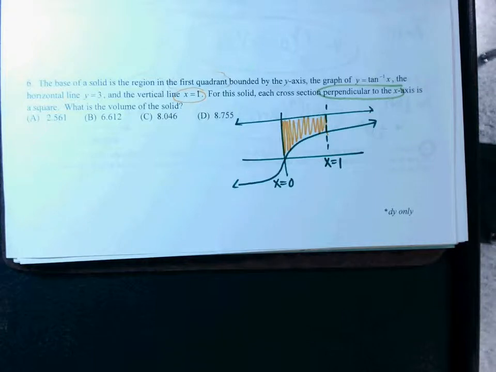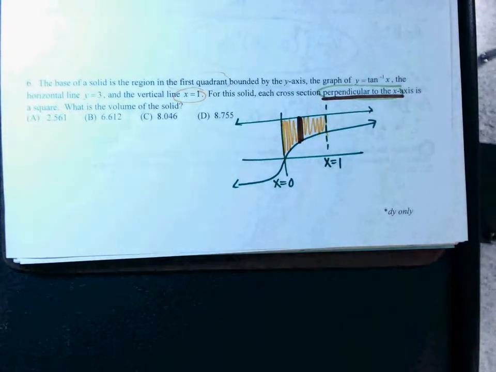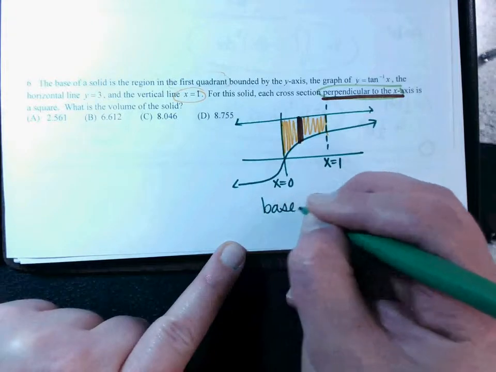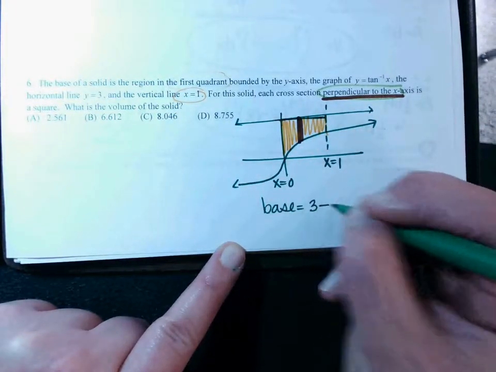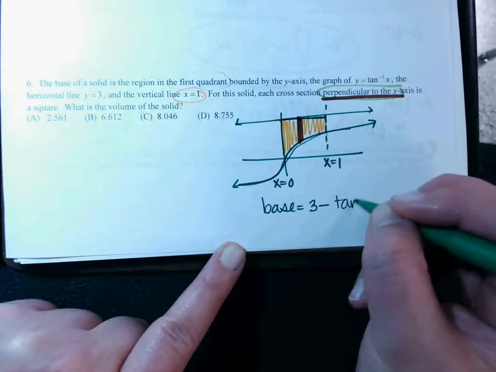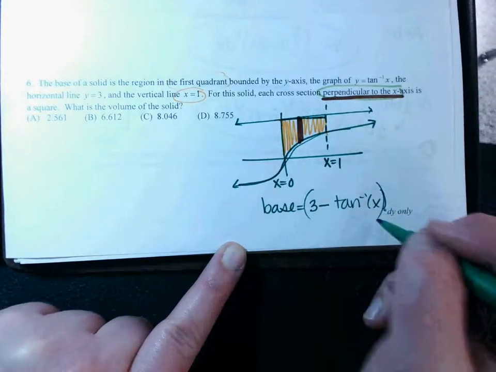Okay, next thing I need to do is draw in my base. Remember that I want to be perpendicular to the x-axis. I draw it in. That means that it's top minus bottom. So my base is going to be the line, which was y equals 3, minus the squiggly curve, which was inverse tan x. So that's my base right there.